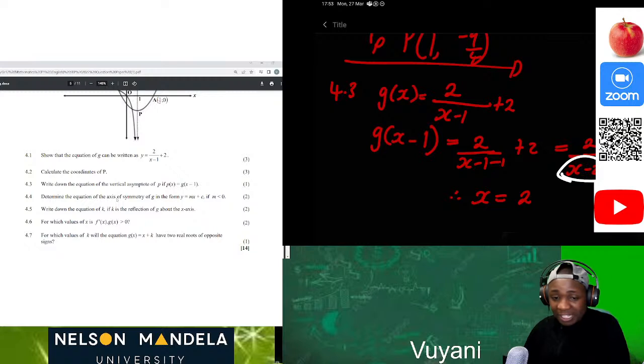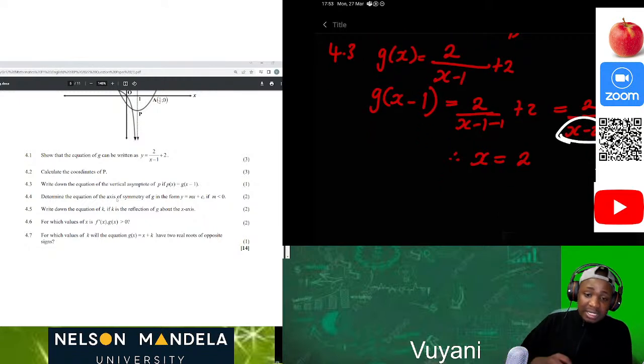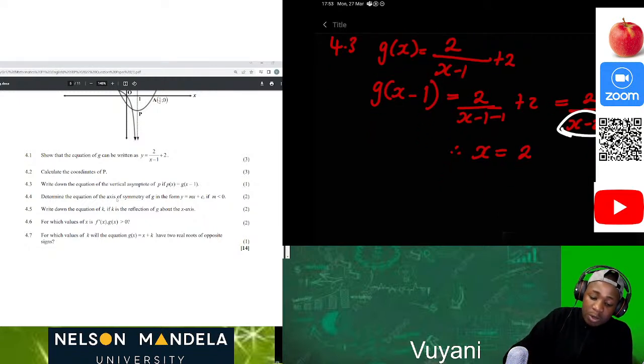You see, functions are so easy, guys. Determine the equation of axis of symmetry of g in the form y equal to mx plus c if m is less than 0. So they are telling us m is less than 0, which means it's a negative gradient. So this is easy, guys, because we already know what is our function of g of x.